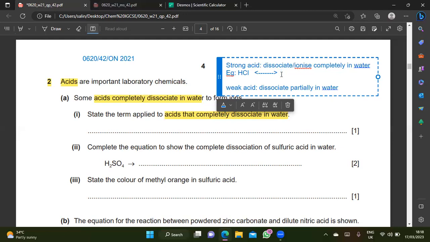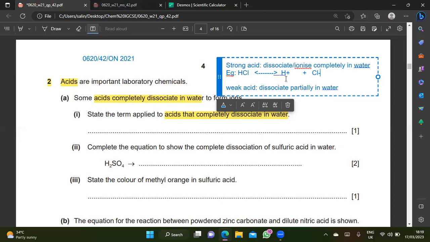So what will happen? Dissociate means it separates into ions. So your HCl will separate completely. What do you mean by completely? Completely means into the simplest ions. So that is H+ and Cl-.